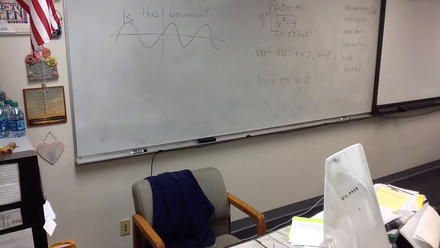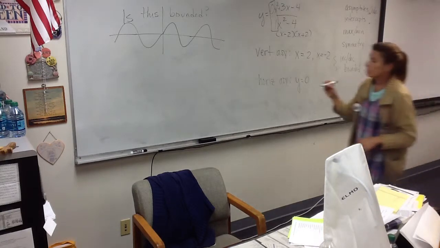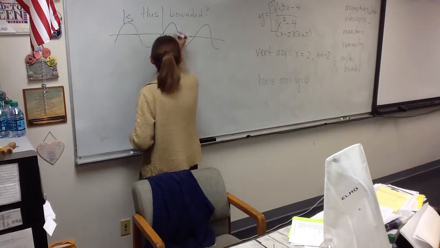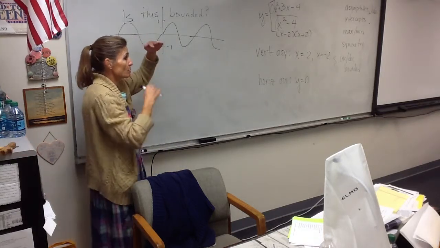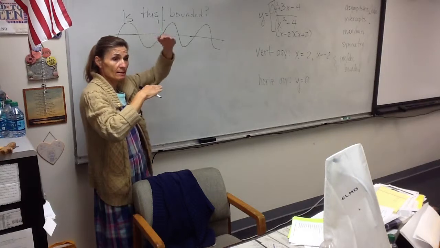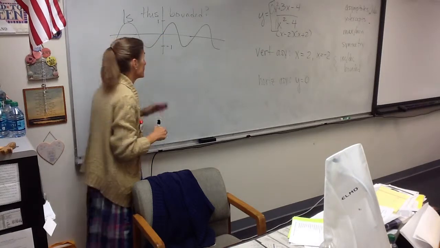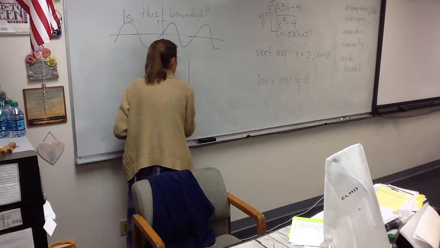Yes. And why do you say it's bounded? Because it has a ceiling and a floor, right? It's entirely contained. This label is actually -1 and this label is 1. So you would say it's entirely contained between -1 and 1. It is bounded.